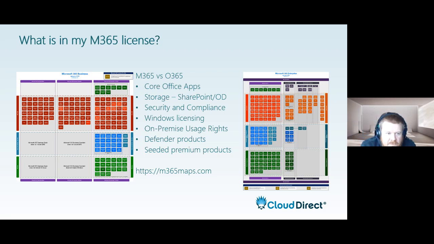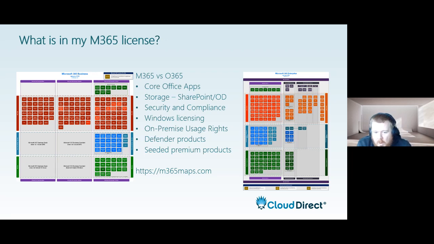In the Microsoft 365 licenses, particularly across Enterprise and across Business Premium, the benefits of having those versus Office 365 are that you also get the security and compliance features, and you get the Windows licensing features. So those are big step-ups to protect your environment, and making use of those feature sets can be really handy.